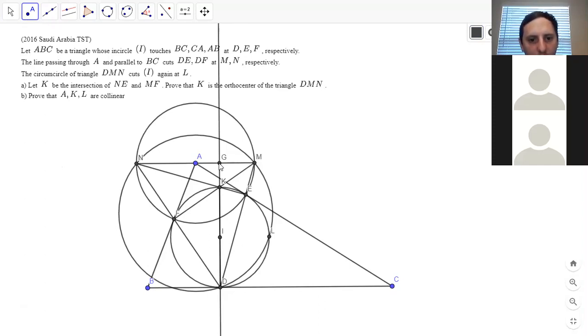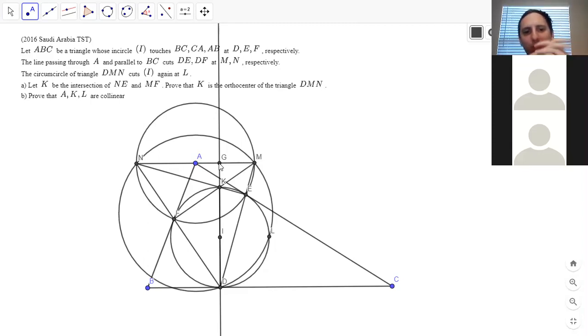For that, we will use the power ratio lemma. So the power of A with respect to DLMN is AM times AN, or rather AM squared. And over the power with respect to the incircle, that is AE squared. But that is actually equal to 1.